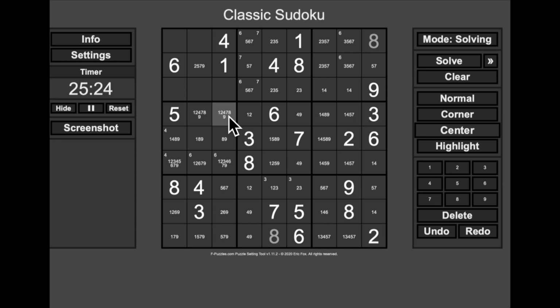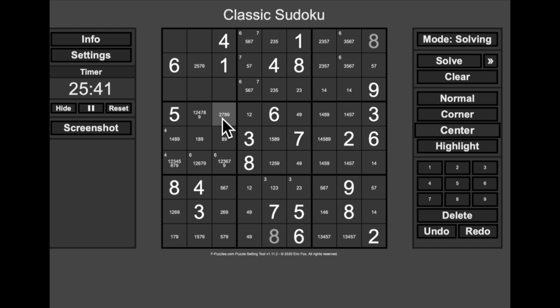Okay, this can't be 1 or 4. Well, it can't be 4 because of that.